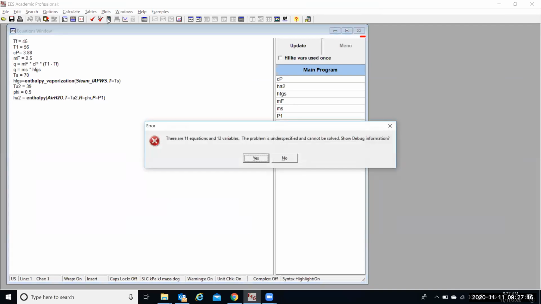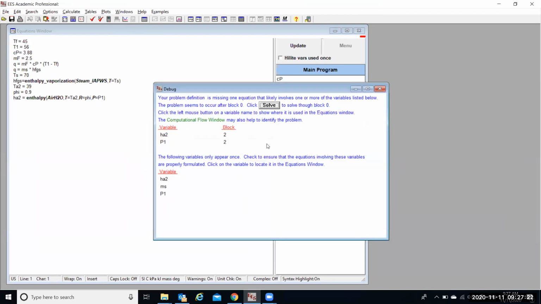Maybe when I press, it asks me, show debug information. Do I need to debug it? Yes. And when I debug it, I look at this. I normally look at the parameters which are listed only once. And here, H_E2 is listed only once, but I know that I'm calculating it in terms of other parameters, so yes, it should be there.